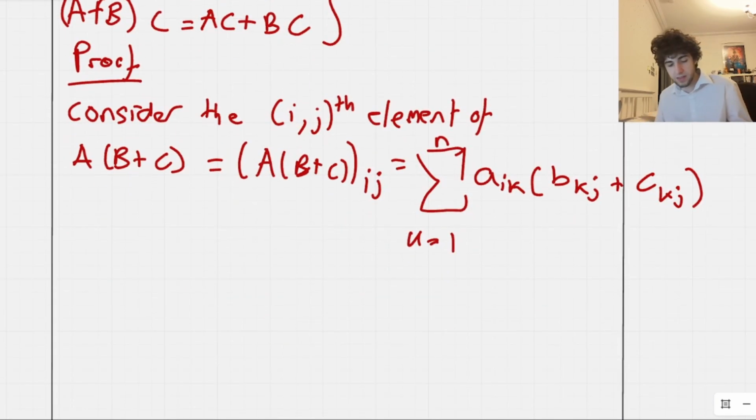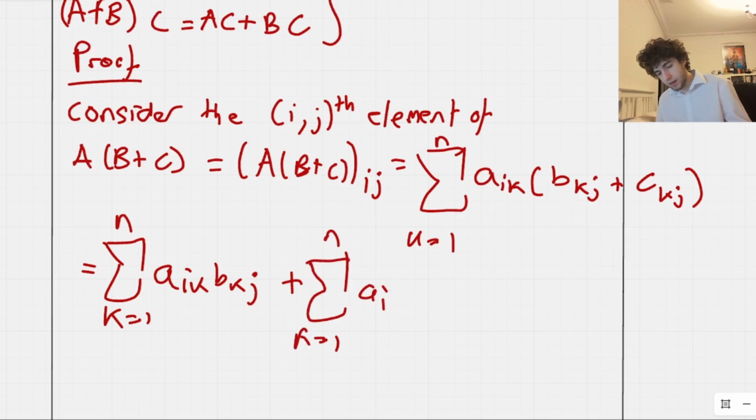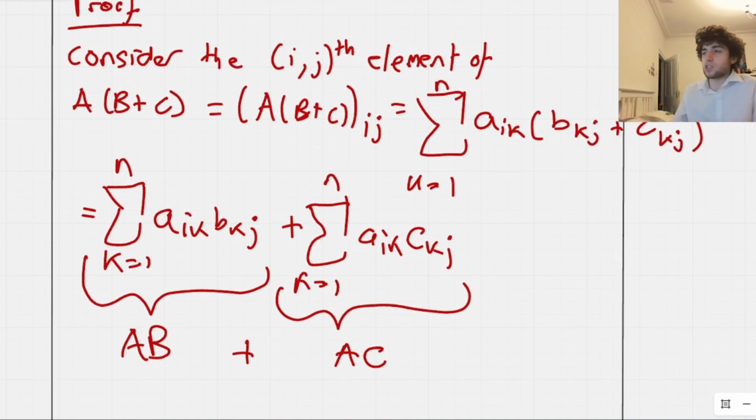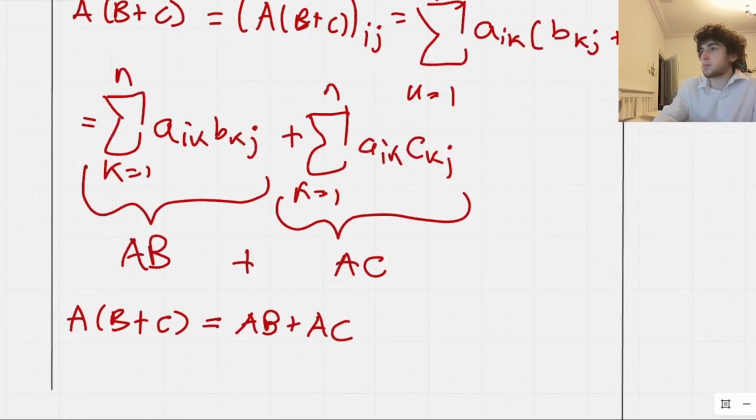So this sum is equal to the sum from k equals 1 to n of aik bkj, plus the sum from k equals 1 to n of aik ckj. And you immediately see this is by definition AB, and this is by definition AC. So we've used the definition to prove that for matrices A, B, and C with suitable dimensions, A times B plus C is indeed AB plus AC, as you would expect.